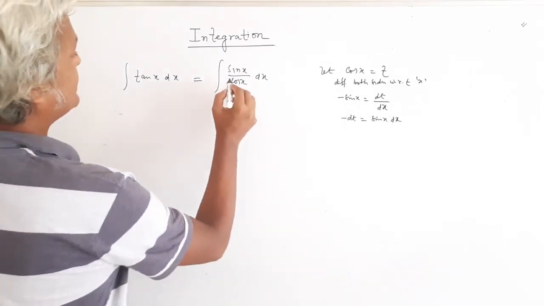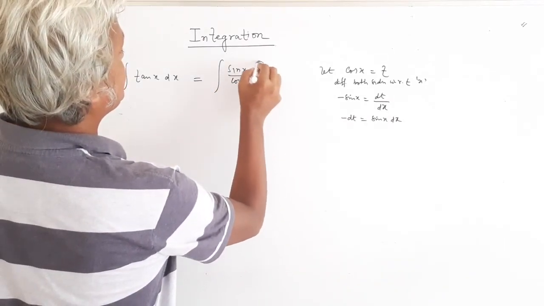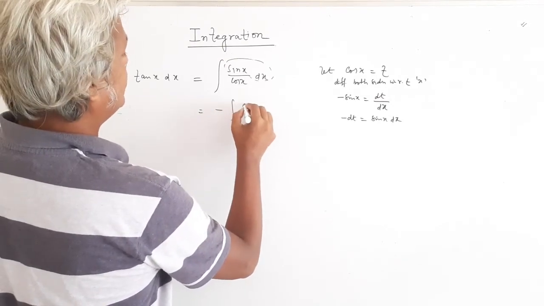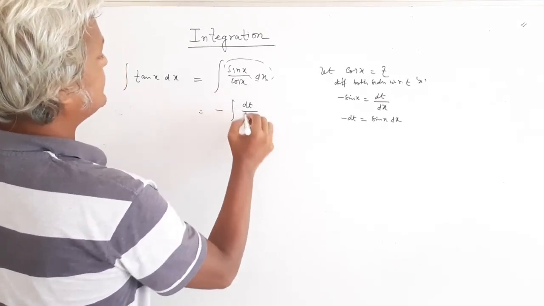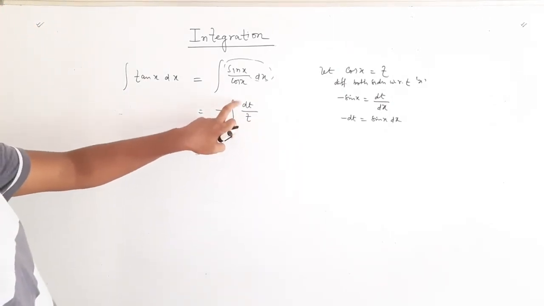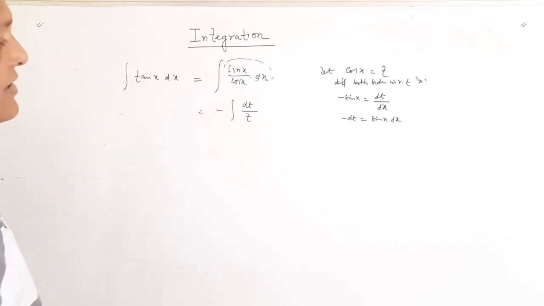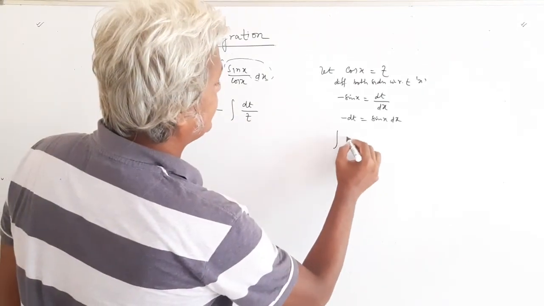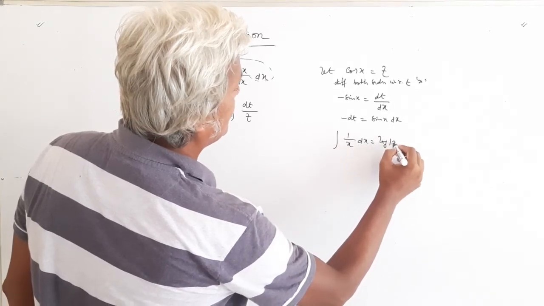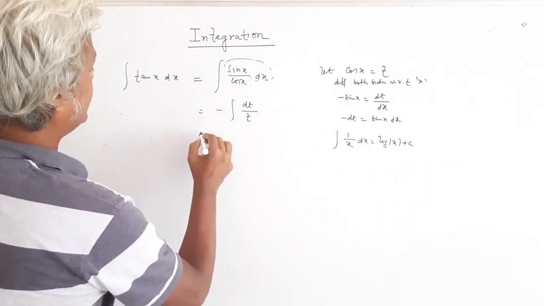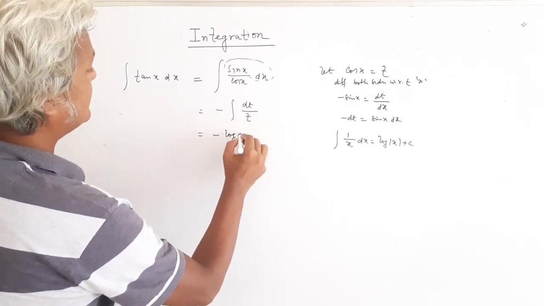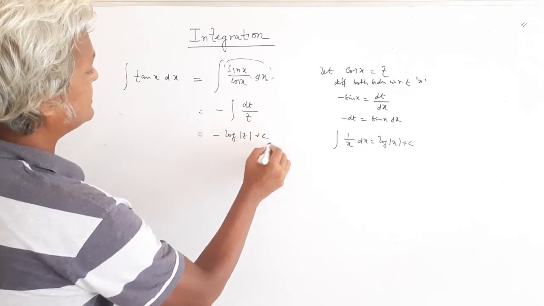So in place of this sin x and dx, this whole thing, you simply write minus dt, and this is t. So now we are here, that is integration of 1 by t dt, and the formula says that integration of 1 by x dx is log mod x plus c. So integration of 1 by t dt is minus log mod t plus c.